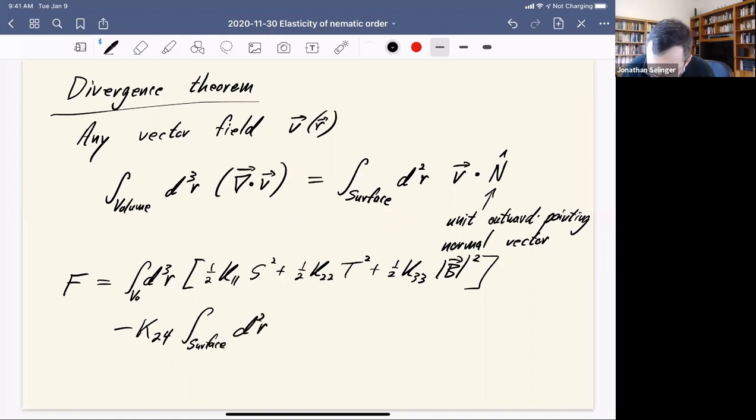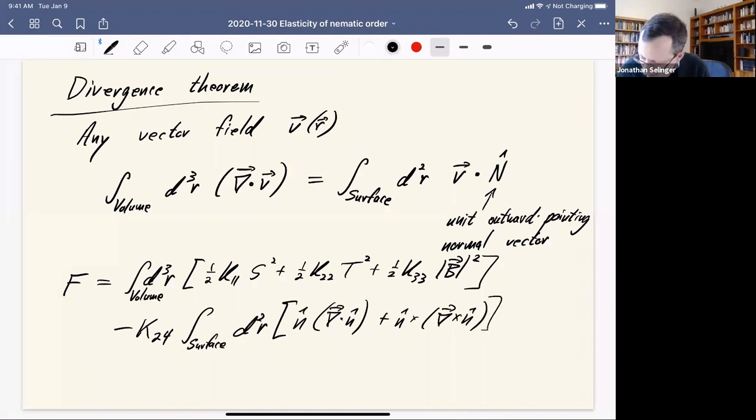Right, the first thing is a volume. A surface integral of n times this del dot n plus n cross del cross n.